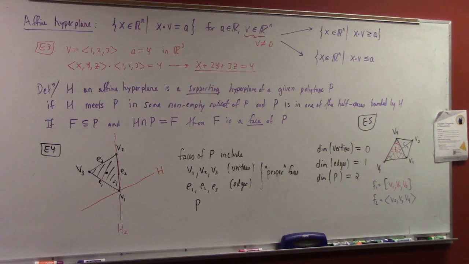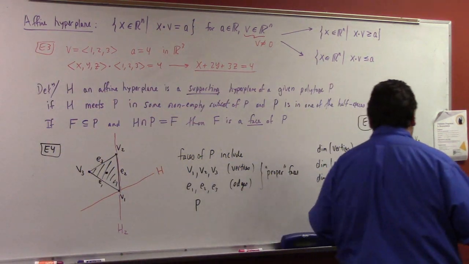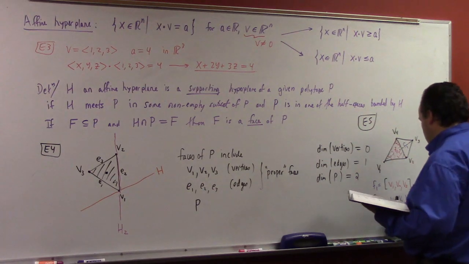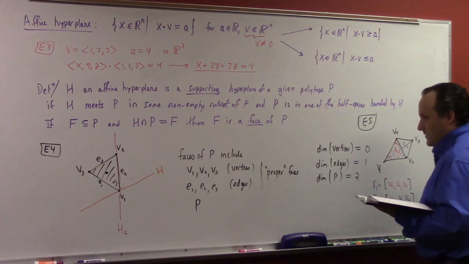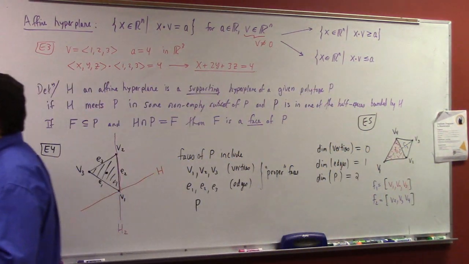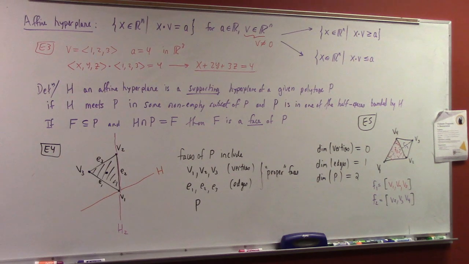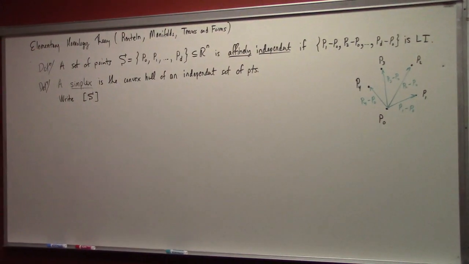If I was more with it, I wouldn't have done that. No biggie. If you really want to be picky, I should put curly brackets because you take the convex hull of a set, not of a list of elements. But let's not do that. I'll be a little bit sloppy.